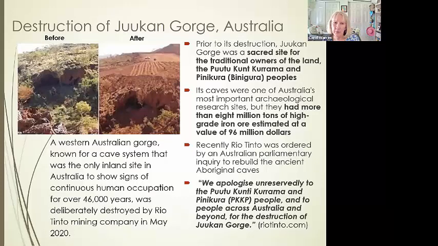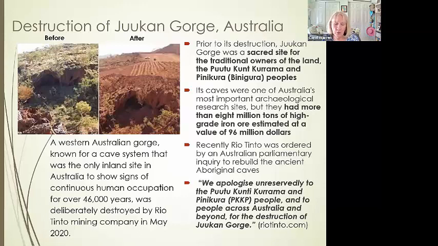A recent example from Australia, we see before and after photos of a Western Australia gorge known for its cave system. That was the only inland site in Australia that showed signs of continuous human occupation for over 46,000 years.